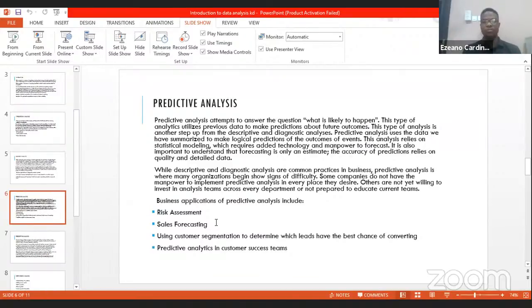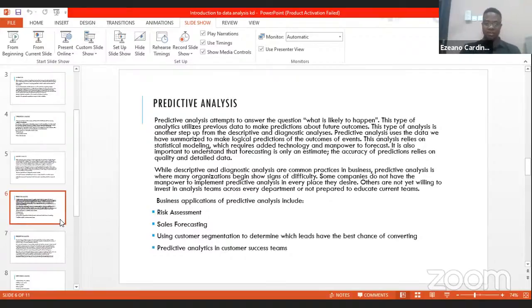So for you to go into machine learning, you need to understand very well how predictive analysis works and how to collect data, clean it, and analyze it.